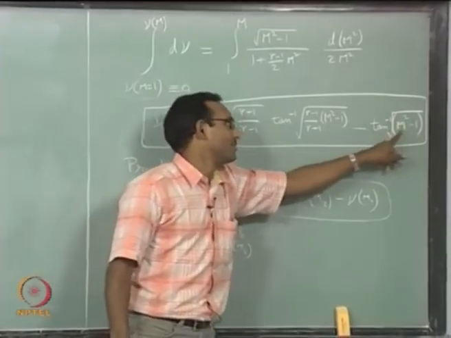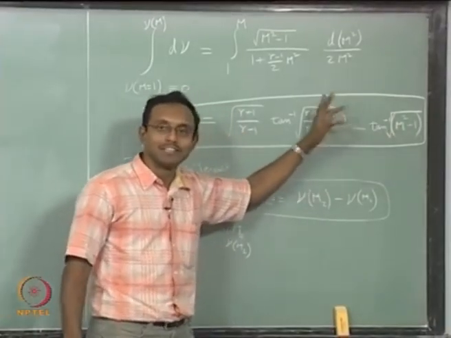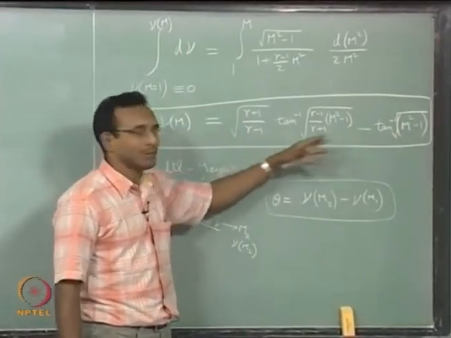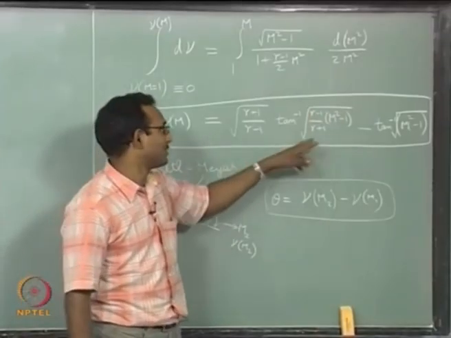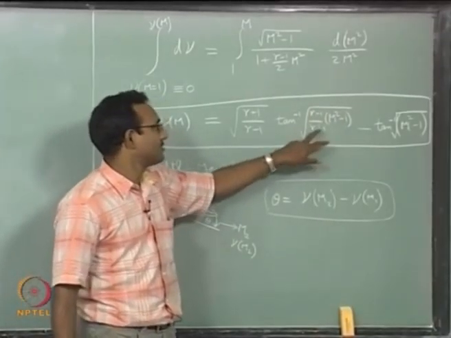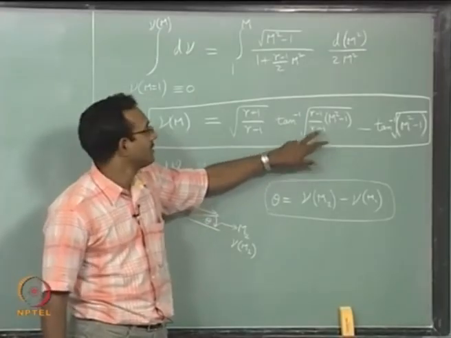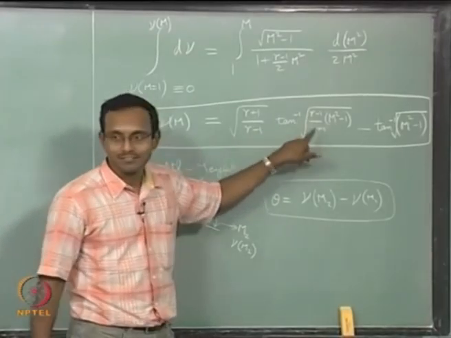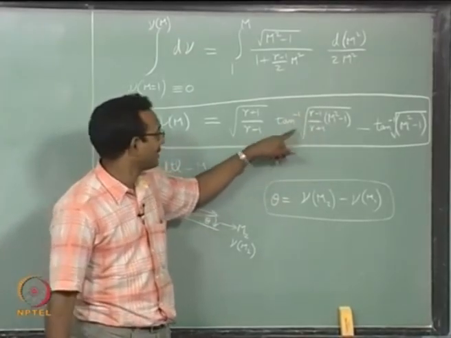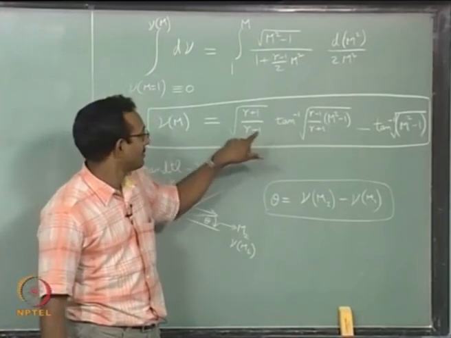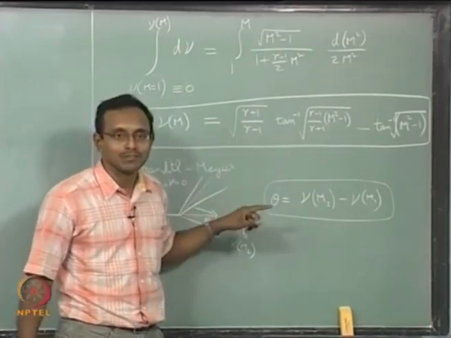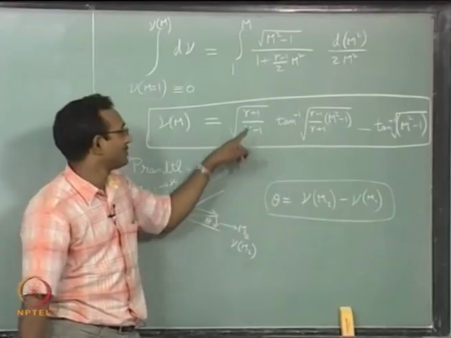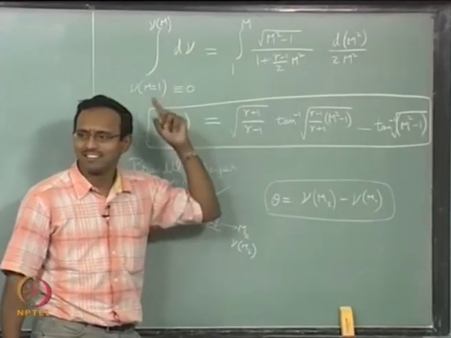This is going to go to infinity, and tan inverse infinity is pi by 2, which will become 90 degrees if I convert from radians to degrees. But this term is going to have some number. Square root of (gamma plus 1) by (gamma minus 1), for gamma equal to 1.4, this is 6, right, we did this long back.